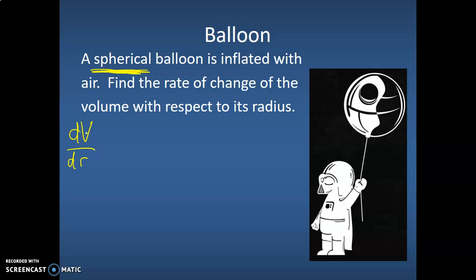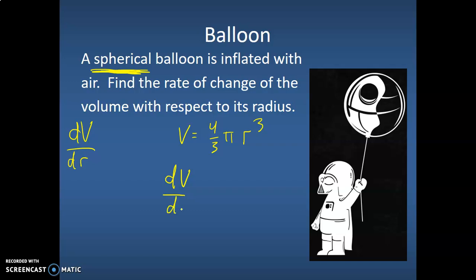Now in order to do that, we need to have an equation that relates volume and radius. For a sphere, we're going to start with volume equals 4/3 pi r cubed. Now if I have a volume equation that is written in terms of radius, I can just take the derivative using our derivative rules.